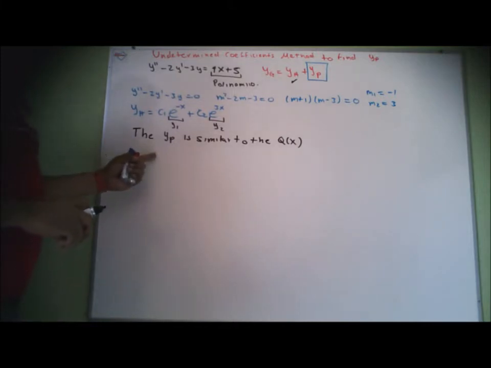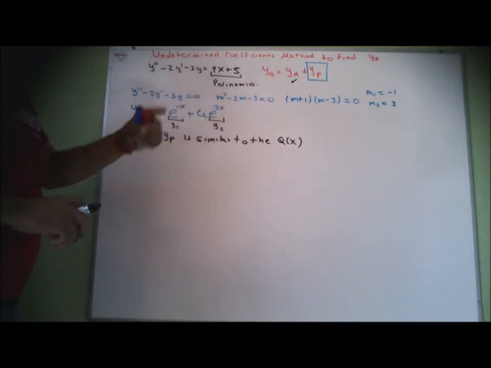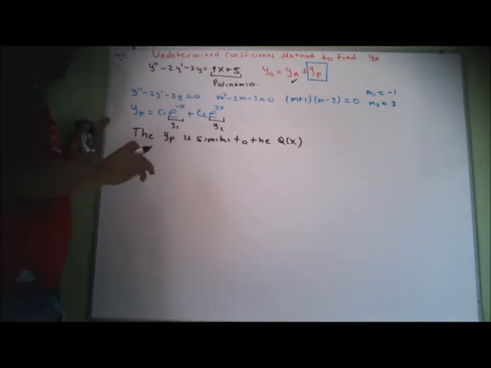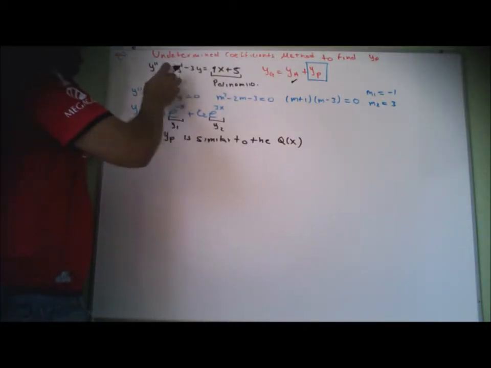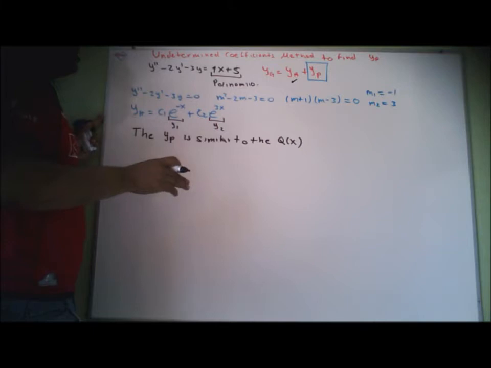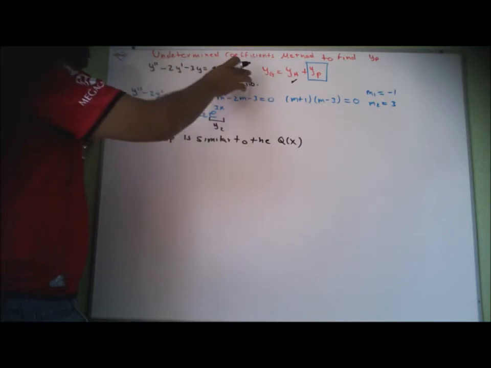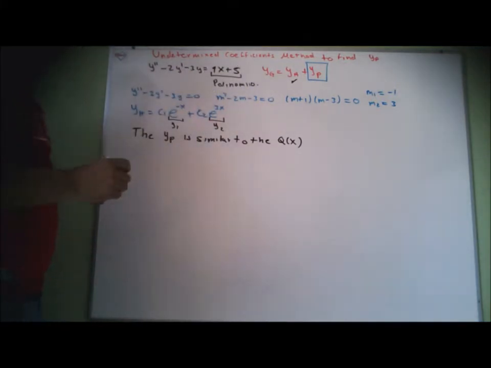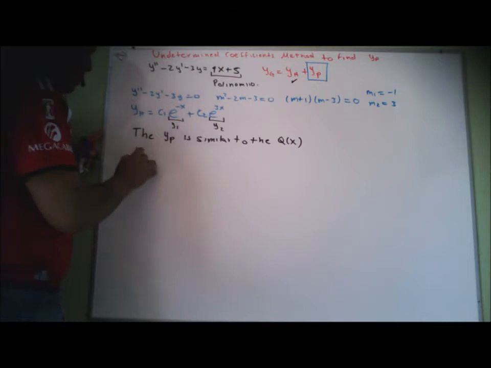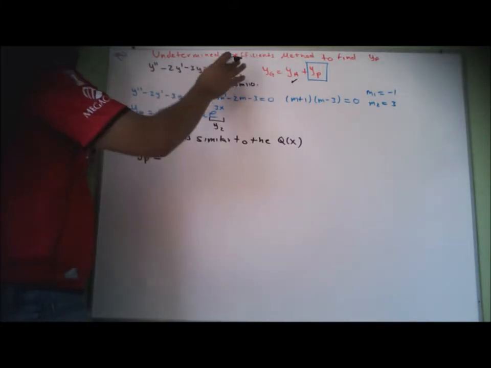The particular solution must be something similar to q of x, because you are going to replace the particular solution here, and it makes sense that a polynomial as the particular solution should be equal to this polynomial. That is actually the method, but because we don't know which polynomial is going to be the solution, we have to do this.